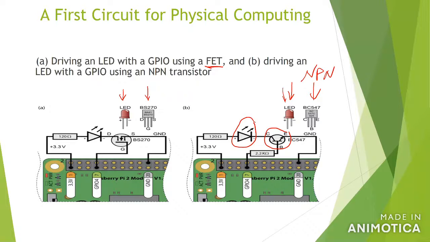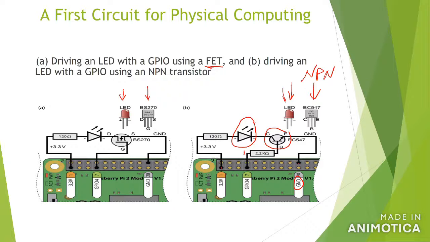This pin from the GPIO of the Raspberry Pi provides a 3.3 volts voltage. This voltage will be applied through a 120 ohm resistor onto the LED. Whenever you have a logic 1 on this leg, and E is directly connected to this pin, this pin is the ground pin in the GPIO of Raspberry Pi.